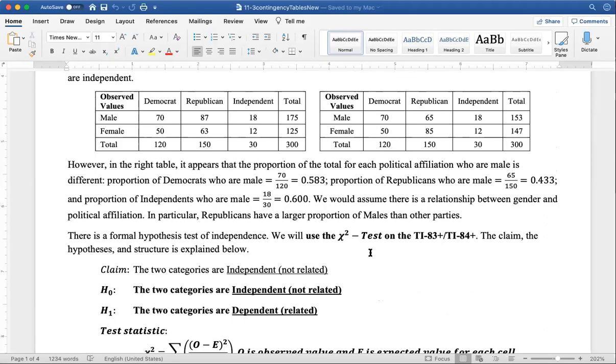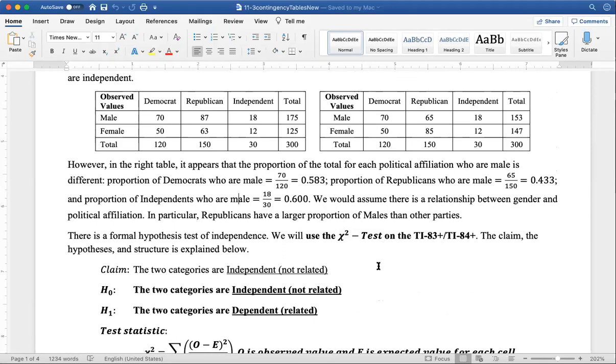This is not to be confused with the test of standard deviation. That's a chi-squared test statistic, but this is not the test for that. This chi-squared test on the calculator is a test of independence. It's a contingency table test.